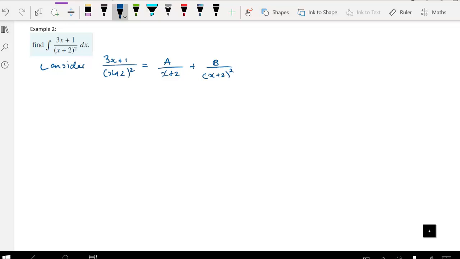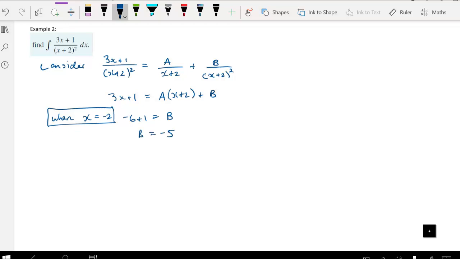Now all we need to do is multiply the first one, A, by (x + 2), and we've got a common denominator here. So when x is equal to -2, we get -6 + 1 and 0A and B. So B is equal to -5.